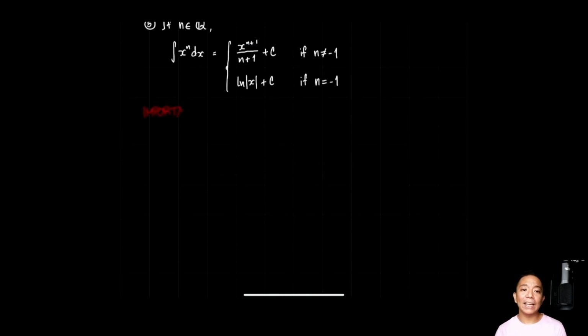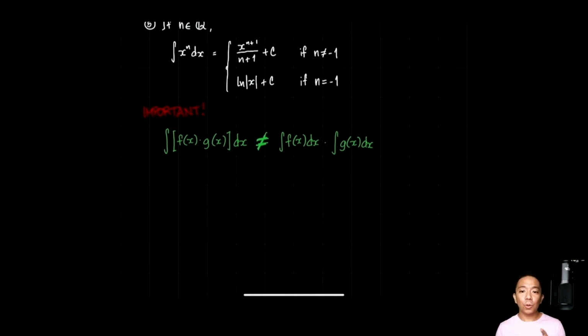Now, I just need to highlight this because this is very important, that these rules do not extend to the product of functions. When you want to take the general antiderivative of the product of functions, hindi mo i-distribute yung general antiderivative. This is not the same as the product of the general antiderivatives of the factors.